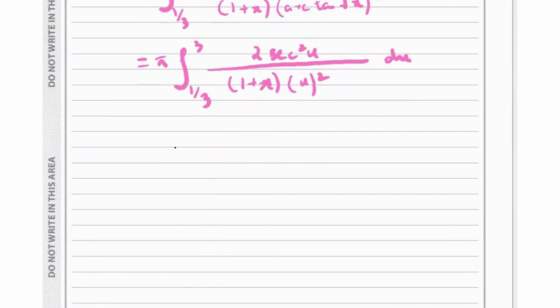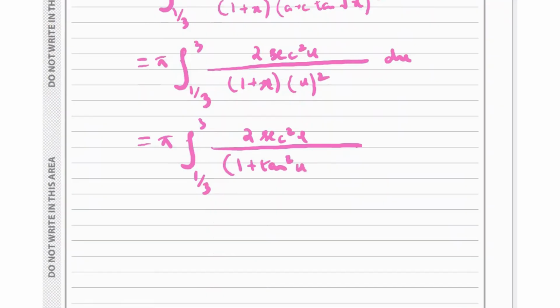So we have pi, from 1 over 3 to 3, 2 secant square u over 1 plus tan square u times u square du. This is your equation.